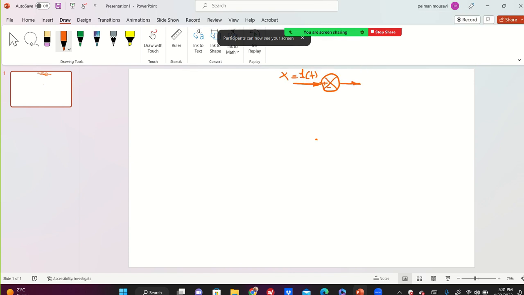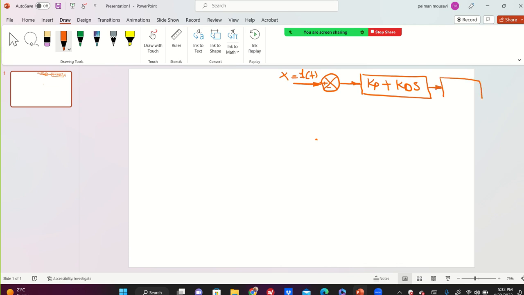So in the last class, we had this example with the unit step as input, and we designed the PD controller, Kp plus KdS, mathematically and in MATLAB. The system was a second order system like this: s, if I'm not wrong, because I'm teaching from my mind, s plus 1. Am I right?